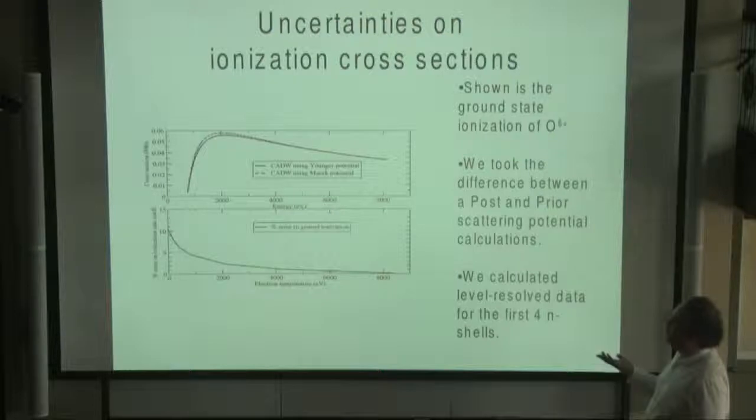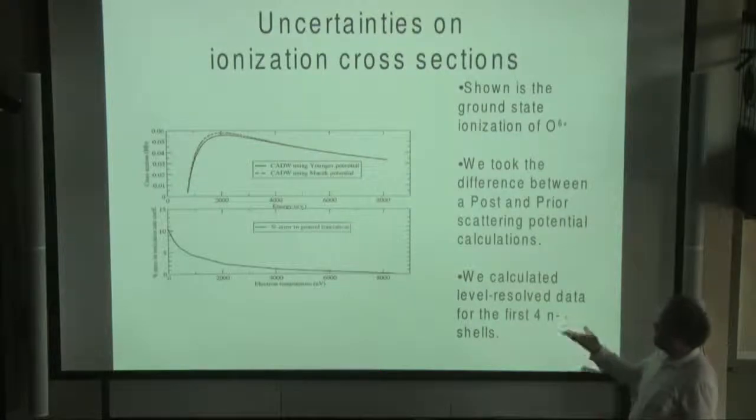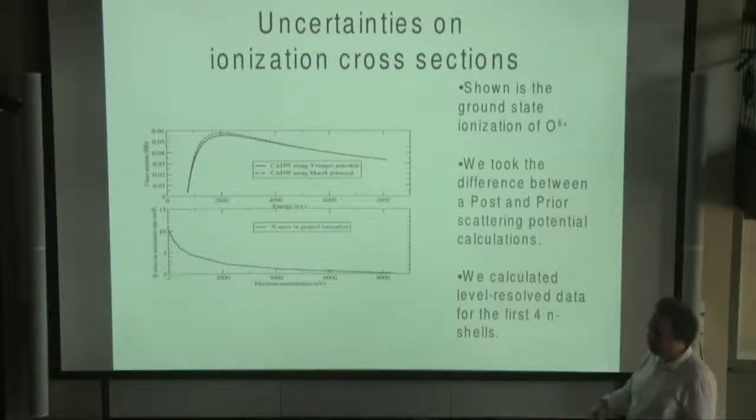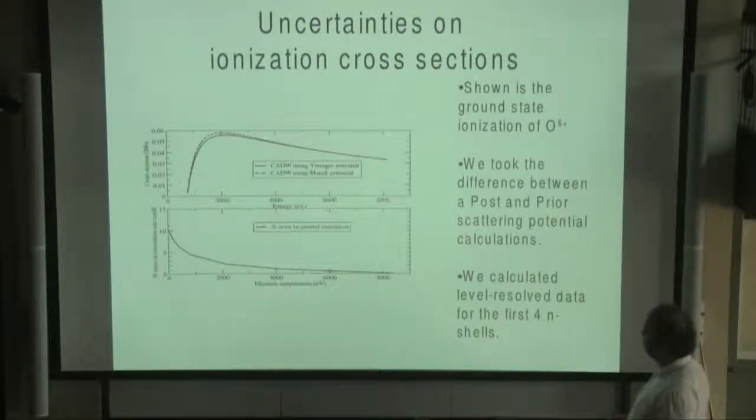One way that we consider doing uncertainties in ionization cross sections, at least for a highly ionized case such as this, six times ionized, is in a distorted wave approximation, where you can build a continuum wave function both in the potential of the incoming electron or of the residual ion. It's called post and prior, or Mitchell or Younger potentials, depending on where you're from.